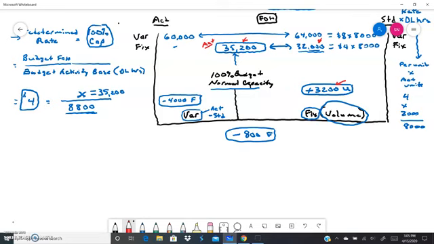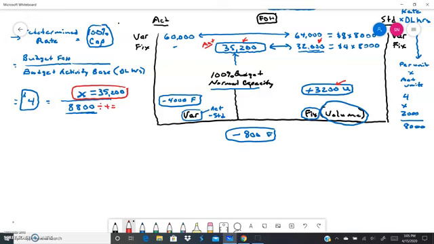So in this case, when we prepared the budget and arrived at our $4 predetermined rate, we had factory overhead of $35,200, and the assumption was our activity base was going to be 8,800 direct labor hours. Now, if you remember, each unit required 4 direct labor hours.